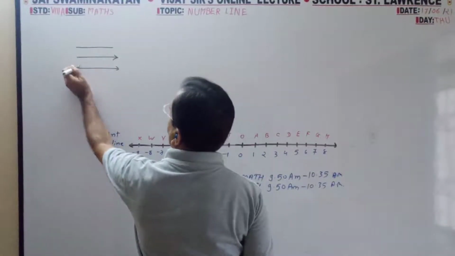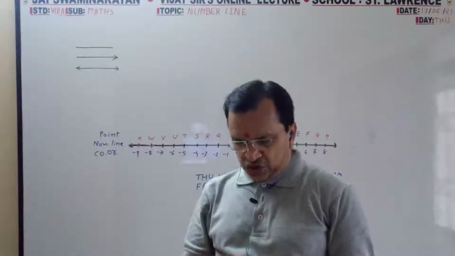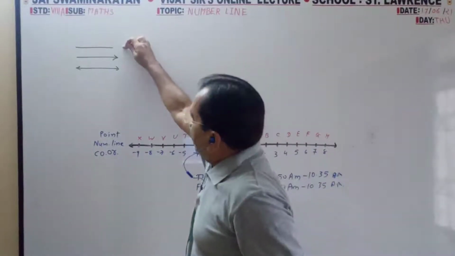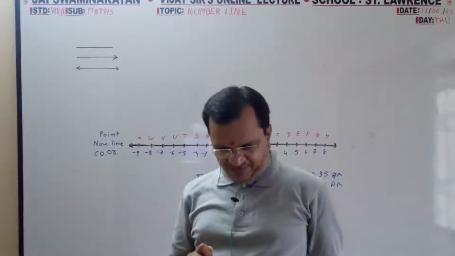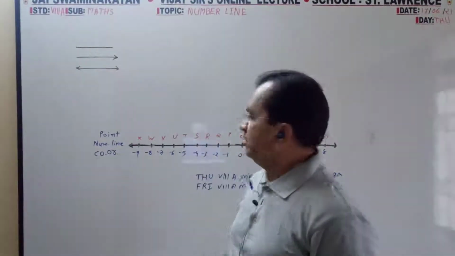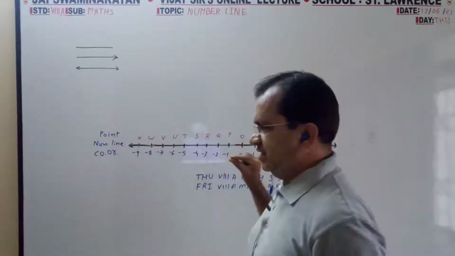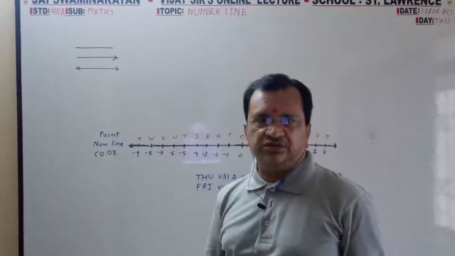Both sides unlimited, that is a line. So: segment, ray, line. Now we want a number line. The line which also represents numbers is a number line.